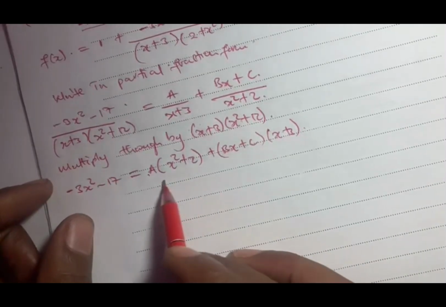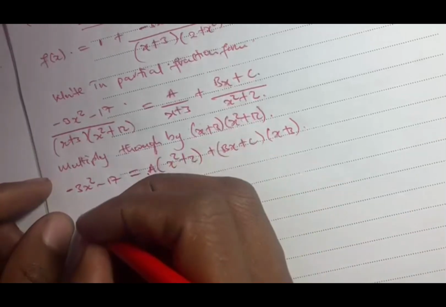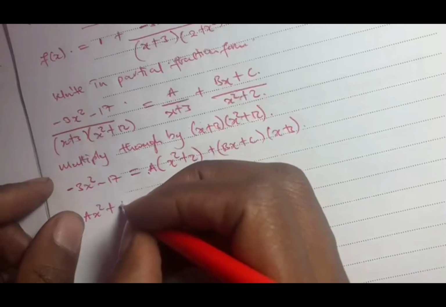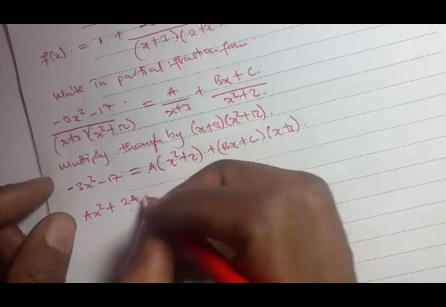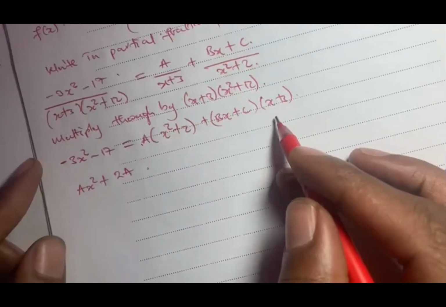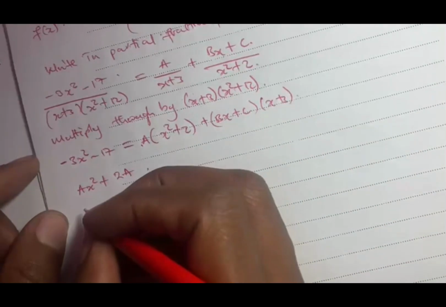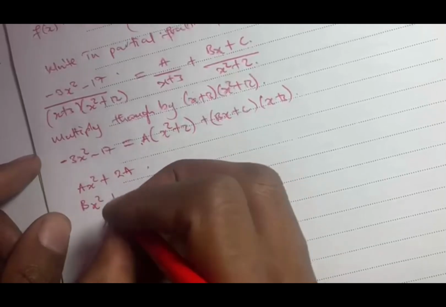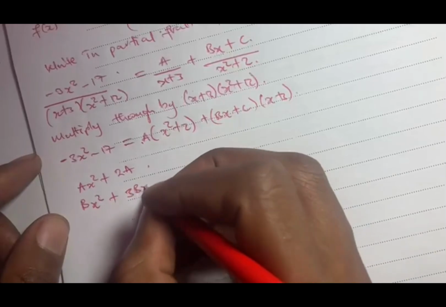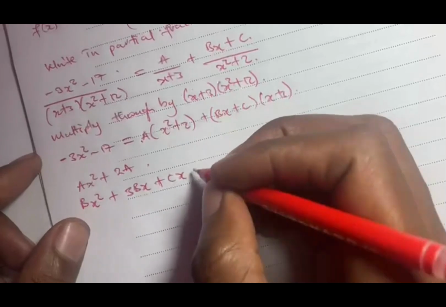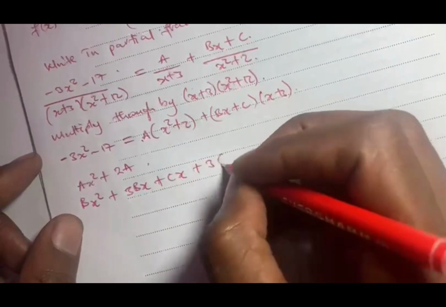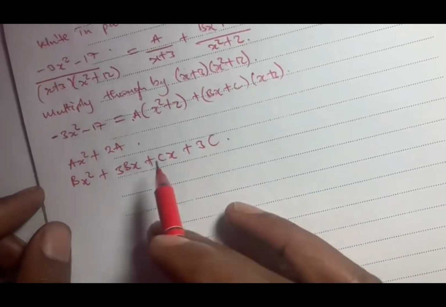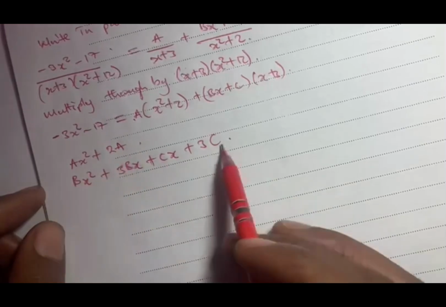The first gives me ax squared plus 2a. To expand the second, it gives me bx squared plus 3bx plus cx plus 3c.